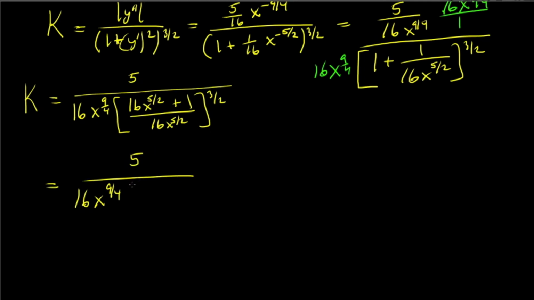So now what happens on the outside? I think this is fine on the inside. And then on the outside, we divide by 16 to the 3 halves. Oh, we had to do that anyways. And then x to the 15 over 4. Really? 15 over 4? Yeah, I think so. All right.